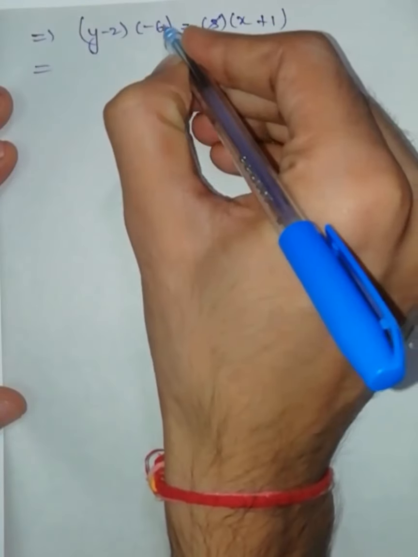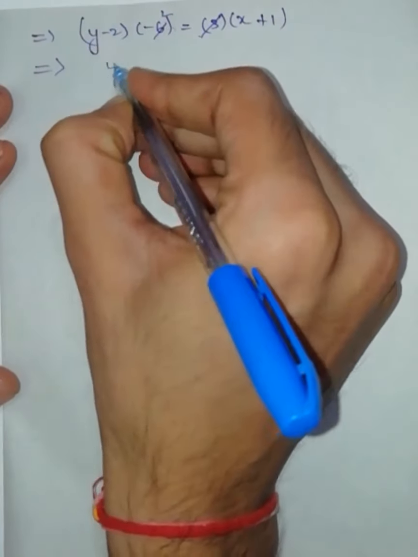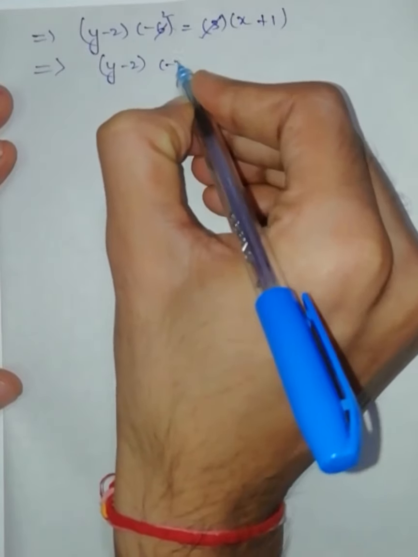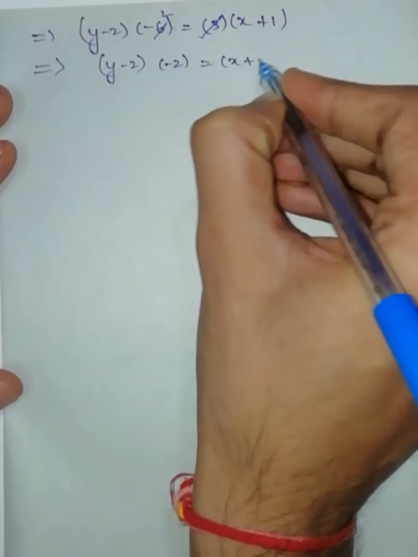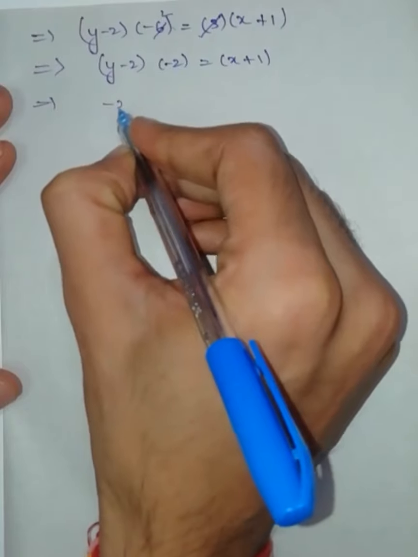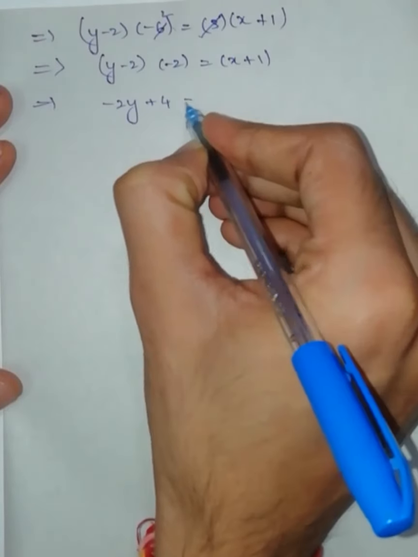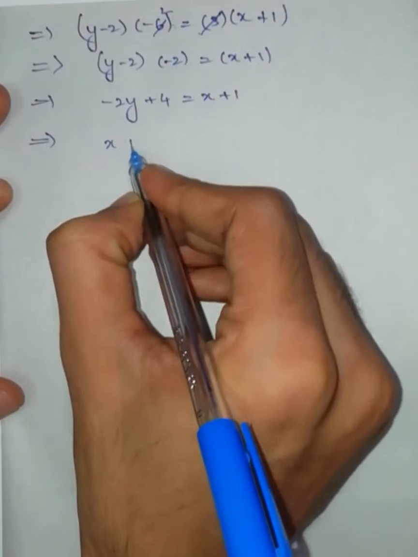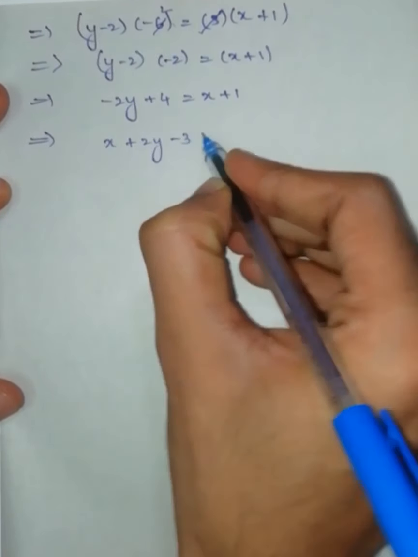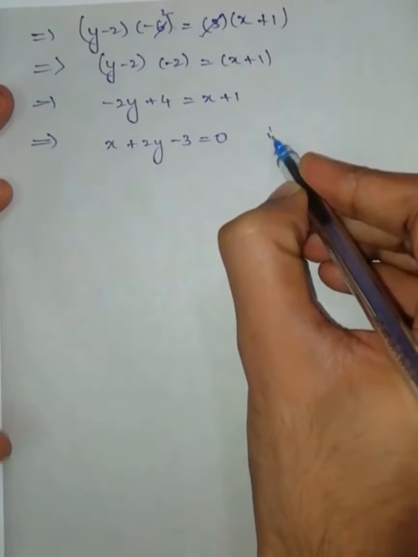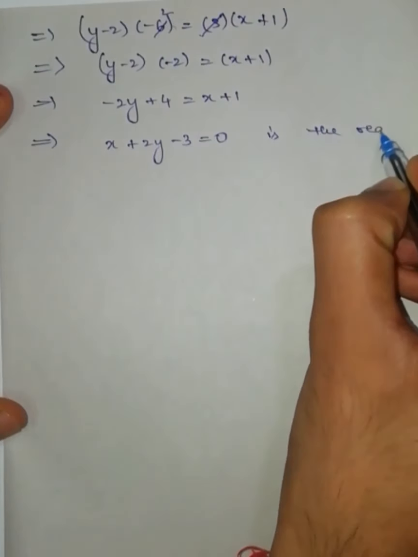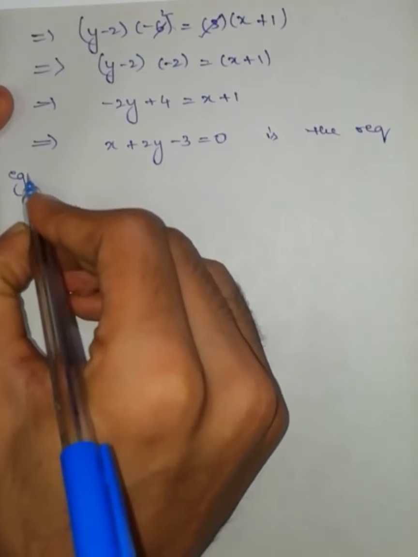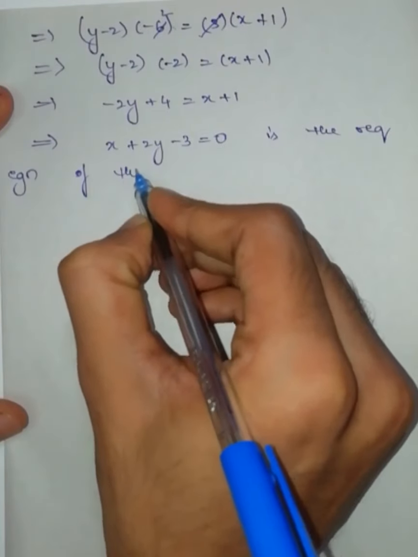This implies (y minus 2) into -2 is equal to x plus 1. This implies minus 2y plus 4 is equal to x plus 1. Take all terms to one side. x plus 2y minus 3 is equal to 0 is the required equation of the straight line.